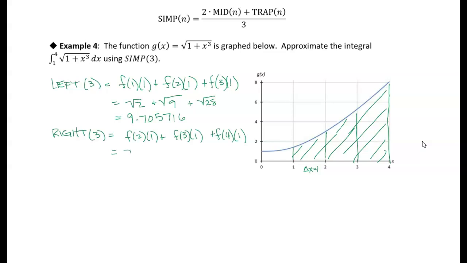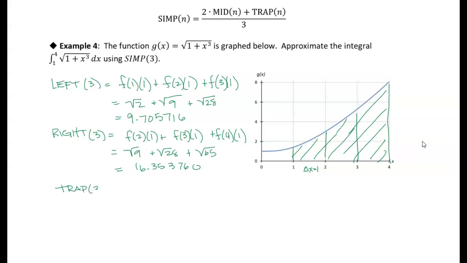And I'm going to get the square root of 9 plus the square root of 28 plus the square root of 65. And that gives me 16.353760.